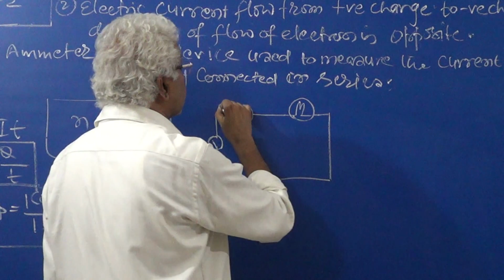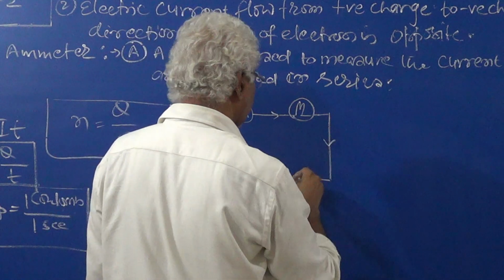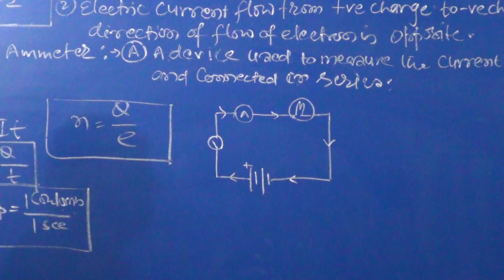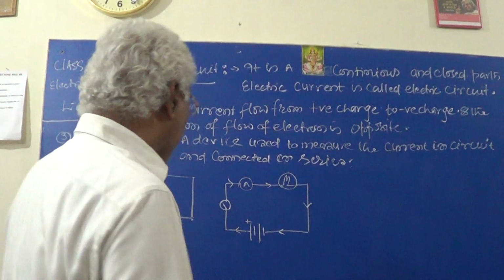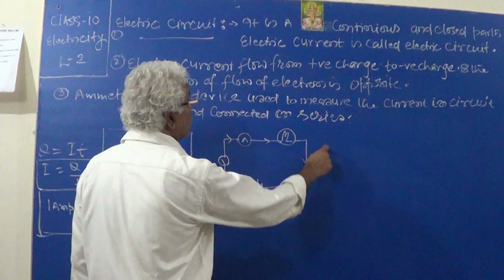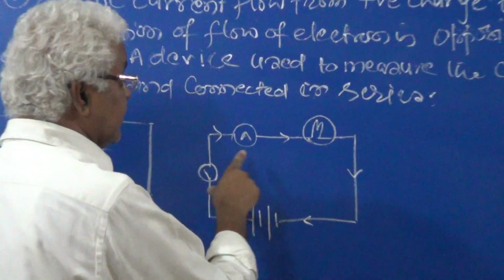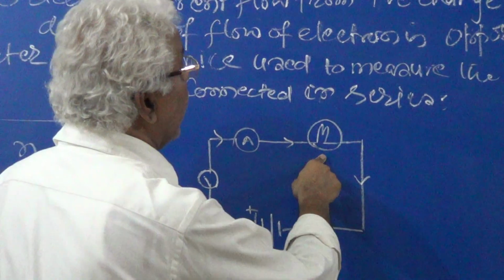So this is your circuit. The current will flow from the positive terminal to the negative terminal via key, ammeter and bulb.